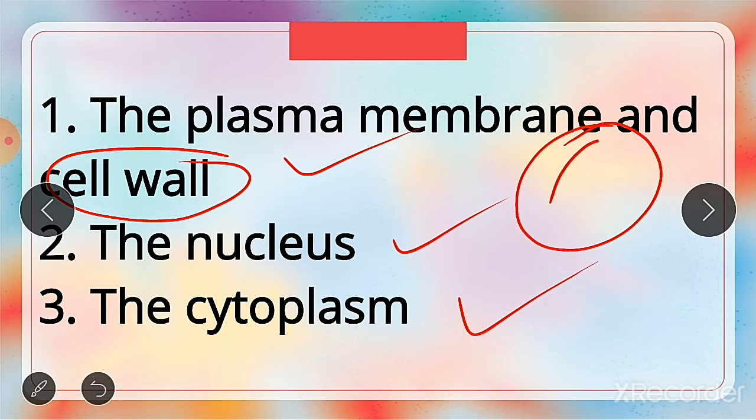Inside the plasma membrane you can see the cytoplasm, and the nucleus and other cell organelles lie in the cytoplasm. So various cell organelles are suspended in the cytoplasm. These are the three basic, or major, functional regions of a cell, and these features enable the cell to interact with its environment.